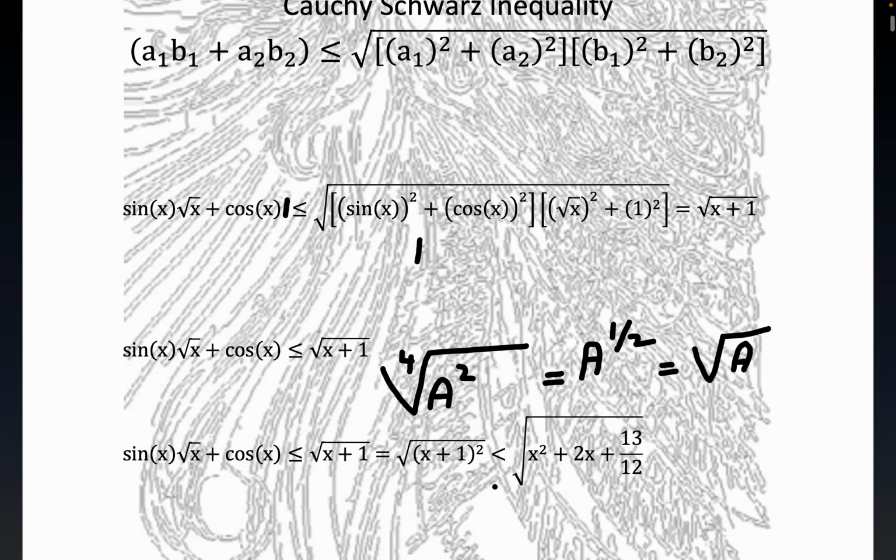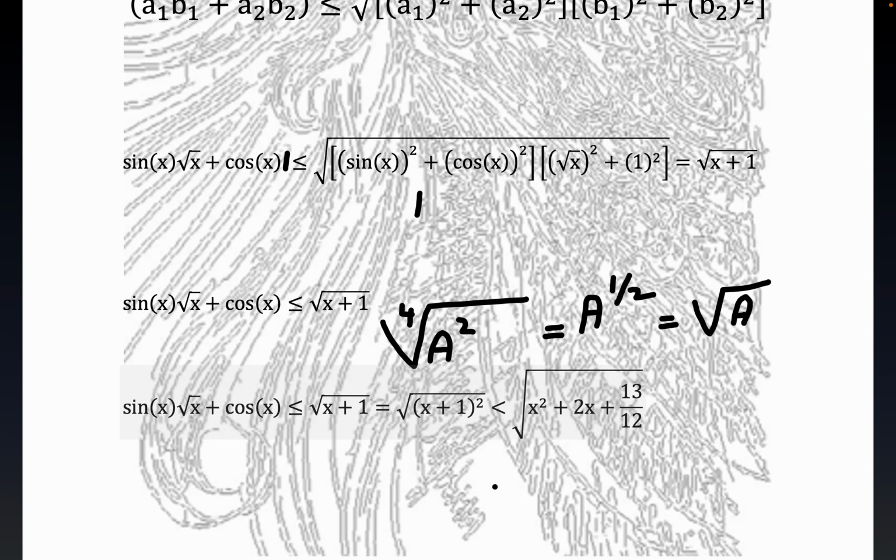Okay, so this really completes the proof. We're done. We've shown that this is strictly less than this. Well, sorry. This would be equal to, I left it out. You can write this based on this reasoning right here. You can write this as the fourth root, I don't want to run out of room here.